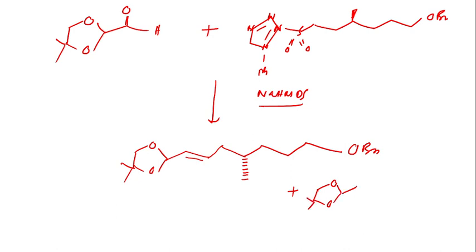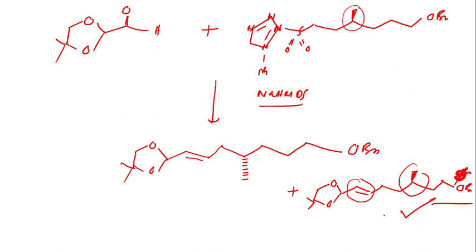This is the mistake catching point. Trans double bond. Let's say the number of carbons is the same, don't count that, and it is given like this. So maybe you know there is a trans double bond, you are happy with that, your stereochemistry is matching, so you will go for this option, but this is the wrong option.